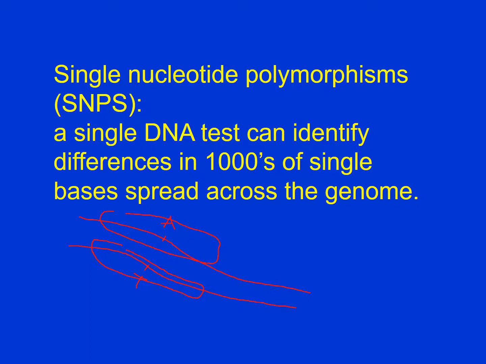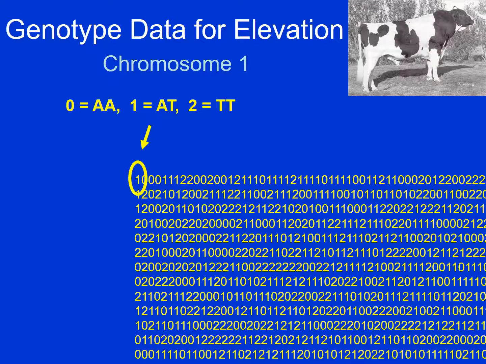Of course, this information is spread across the whole genome, and each of these SNPs has a very small effect for these quantitative traits, but when you're evaluating 50,000, you can really spread out the genetic evaluations on your animals and also increase the accuracy of evaluation at the same time.